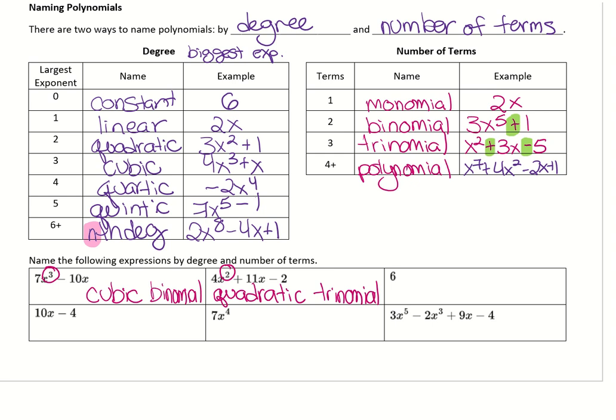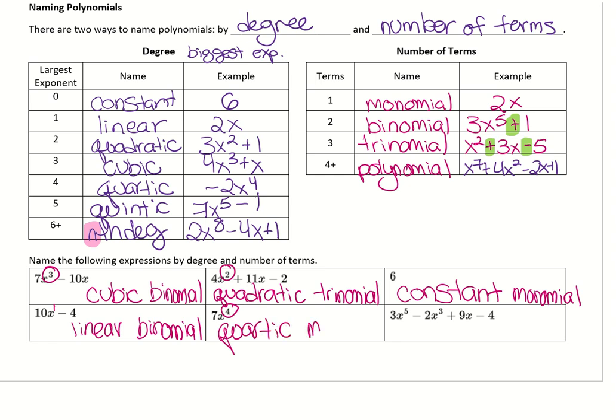There's not even a single variable, so this is a constant, and since it's one piece, it's a monomial. Here the biggest exponent is 1, so it's linear, and there's two pieces, so it's a binomial. Here, the biggest exponent is 4, so it's a quartic, and it's one piece, so it's a monomial.